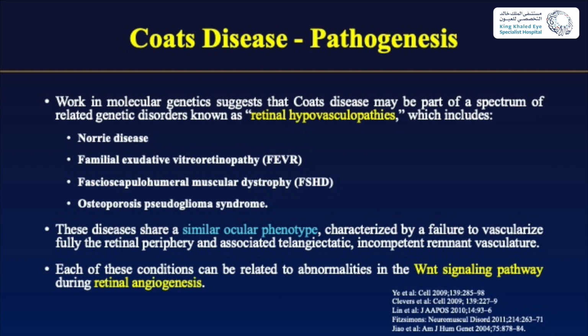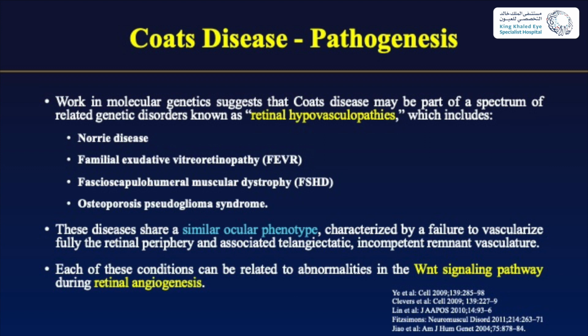Work in molecular genetics suggests that Coats disease may be a result of a spectrum of related genetic disorders known as retinal hypovasculopathies, which might also include Norrie disease, FEVR, facioscapulohumeral muscular dystrophy, and osteoporosis pseudoglioma syndrome.